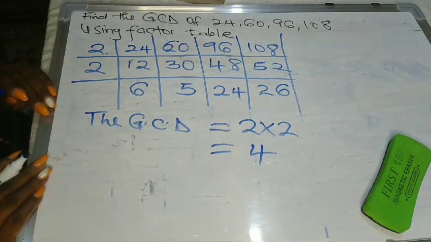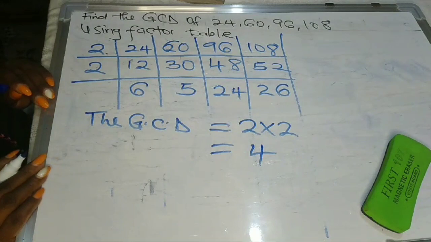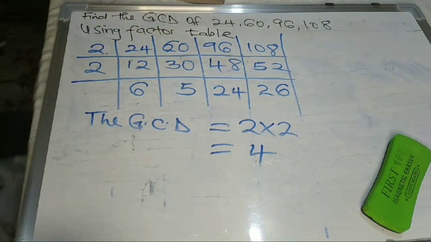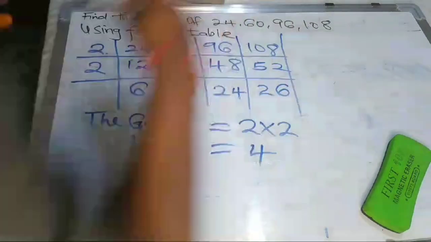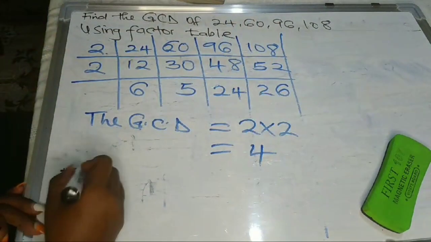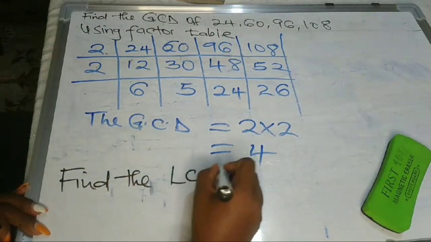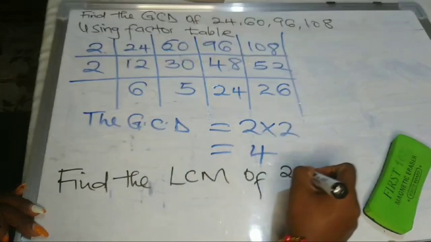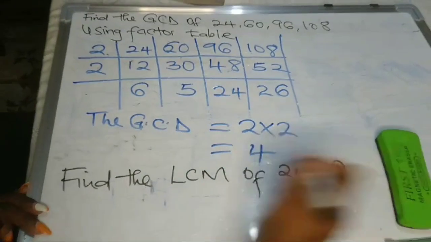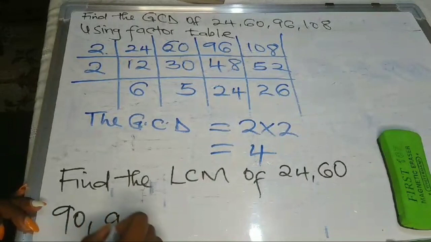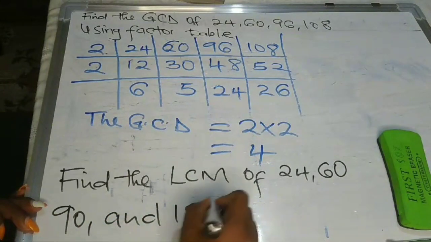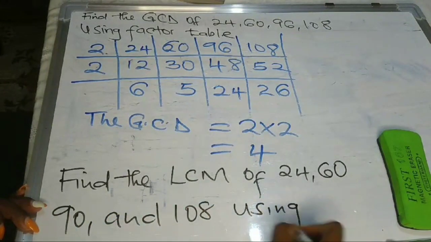Now, I want us to use the same factor table to find the lowest common multiple of these numbers. So, find the LCM of 24, 60, 96 and 108 using the factor table.